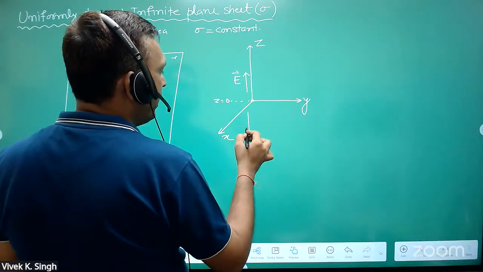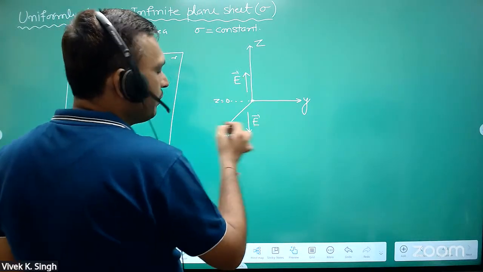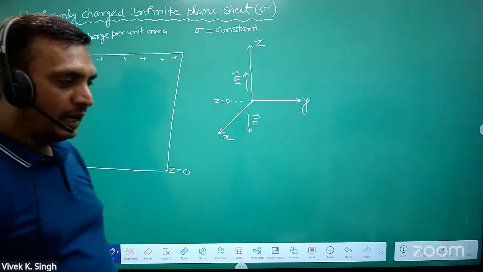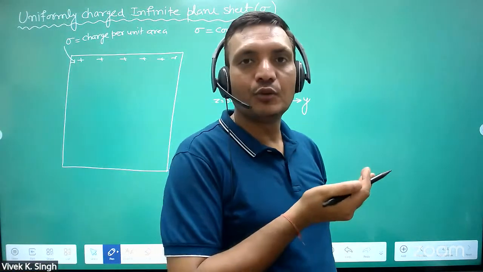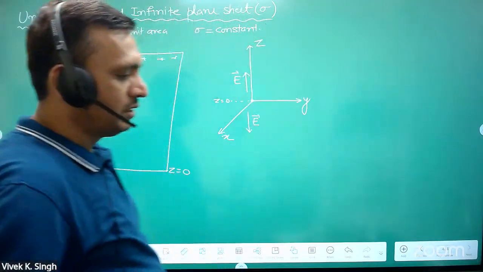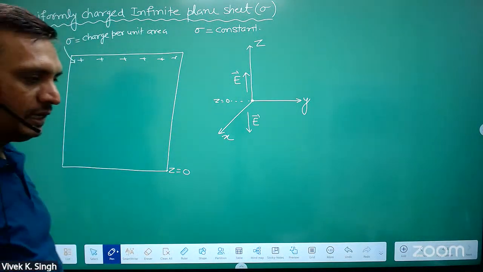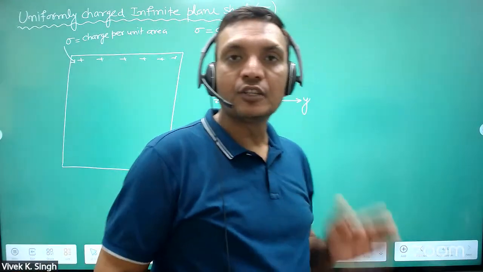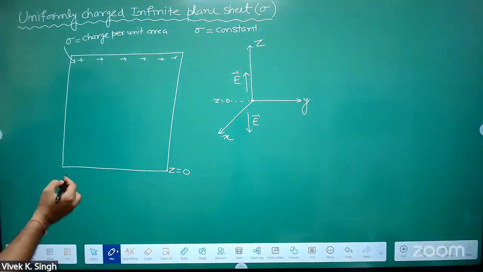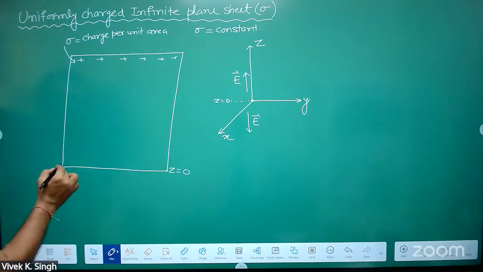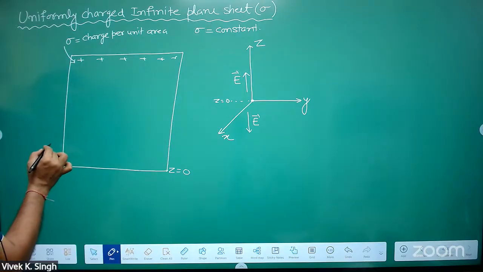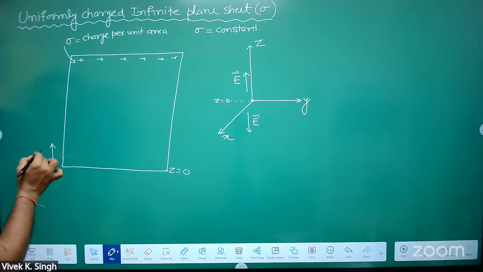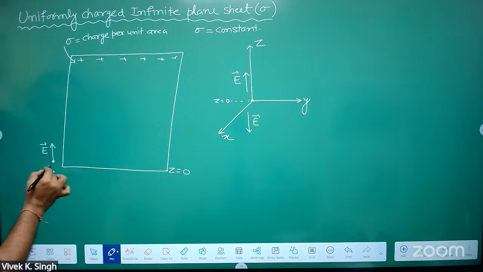If you see any point below, field will be this direction. Away from the sheet. अगर sheet पे negative charge होगा, so field will be towards the sheet. So from the symmetry, you know the direction of the electric field. So you know at this point, field will be in this direction. Below, this is z is equal to 0. Below क्या होगा? Field is in this direction.